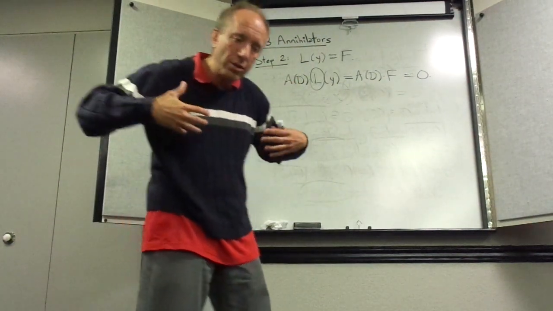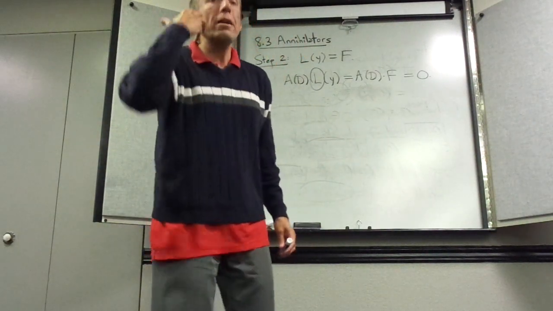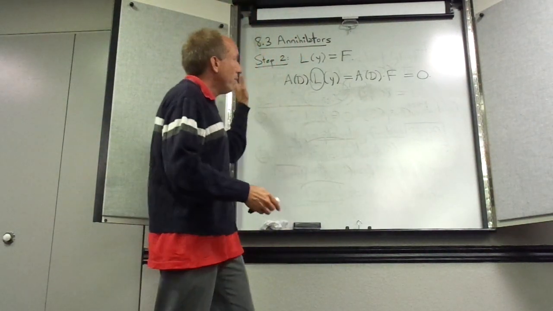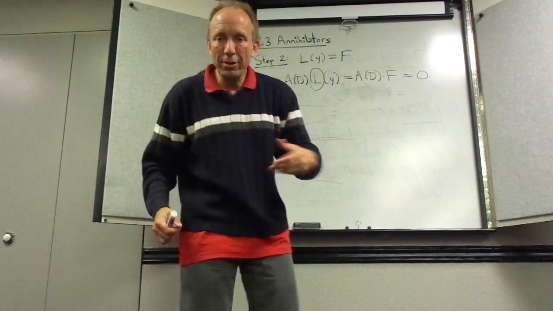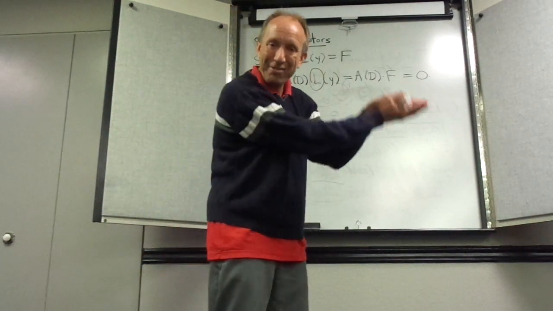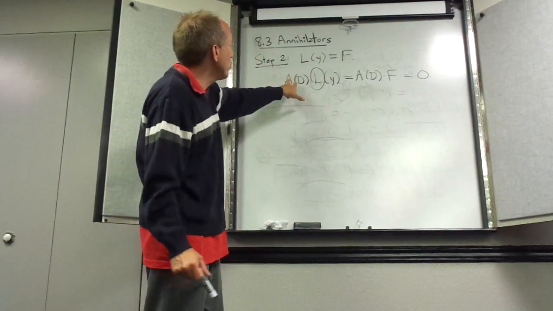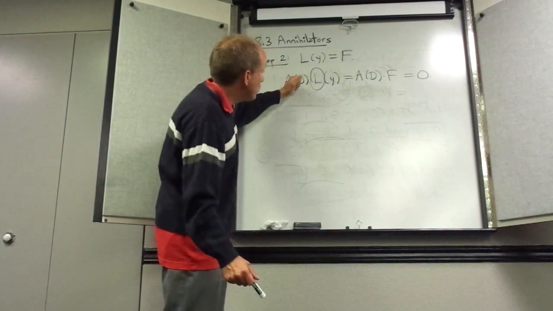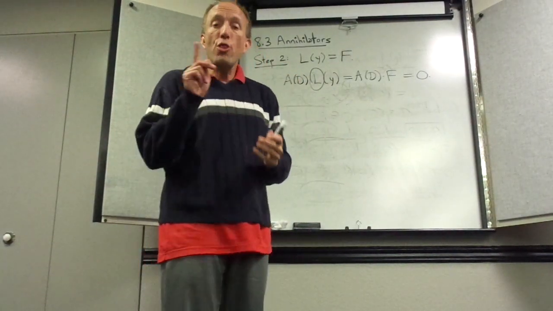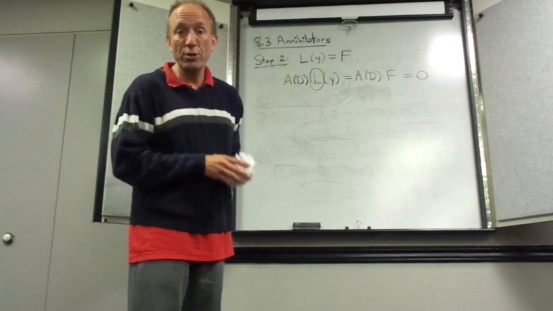The A of D is going to give you new roots to your auxiliary equation, and in the answer that you write down, you're going to have terms corresponding to those roots that you find. Well, those terms that correspond to the new roots, the roots of A of D, are the ones that correspond to the particular solution.